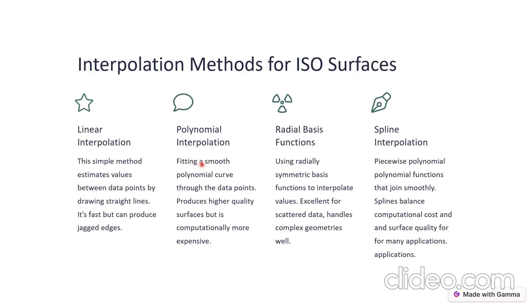Polynomial interpolation is fitting a smooth polynomial curve through points. Radial basis functions use radially symmetric basis functions to interpolate values, excellent for scattered data and complex geometry. Spline interpolation joins smooth functions and provides surface quality for many applications.